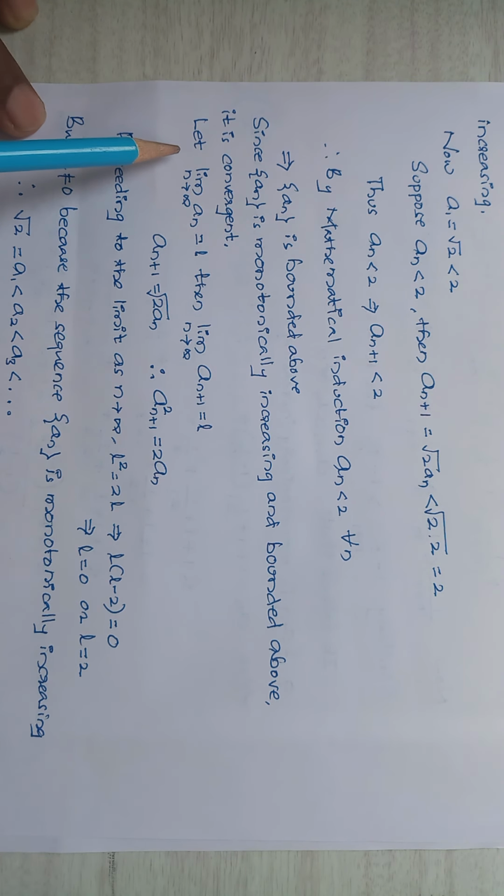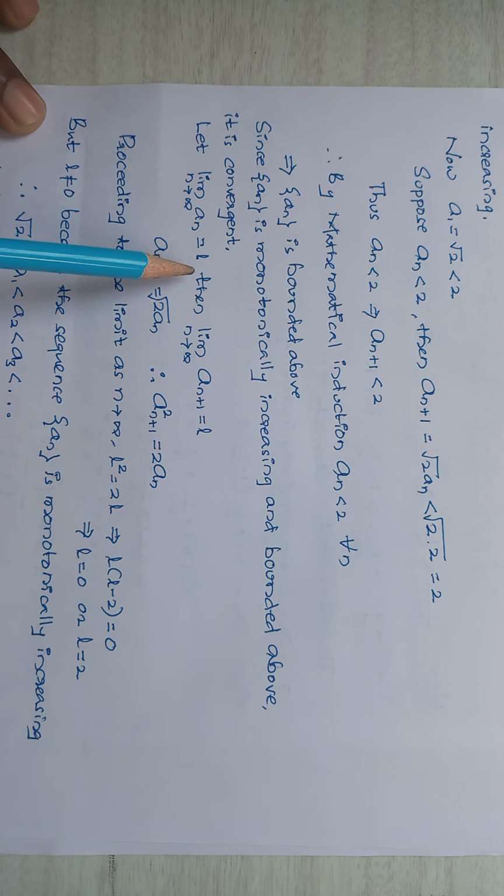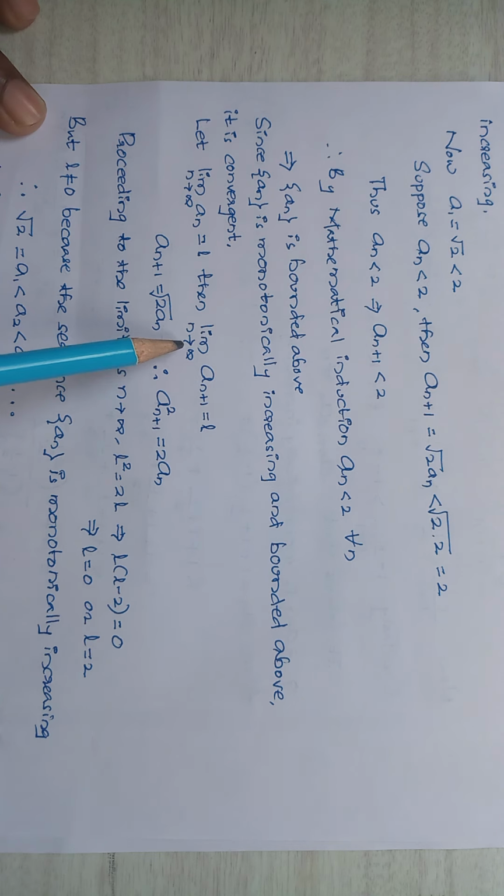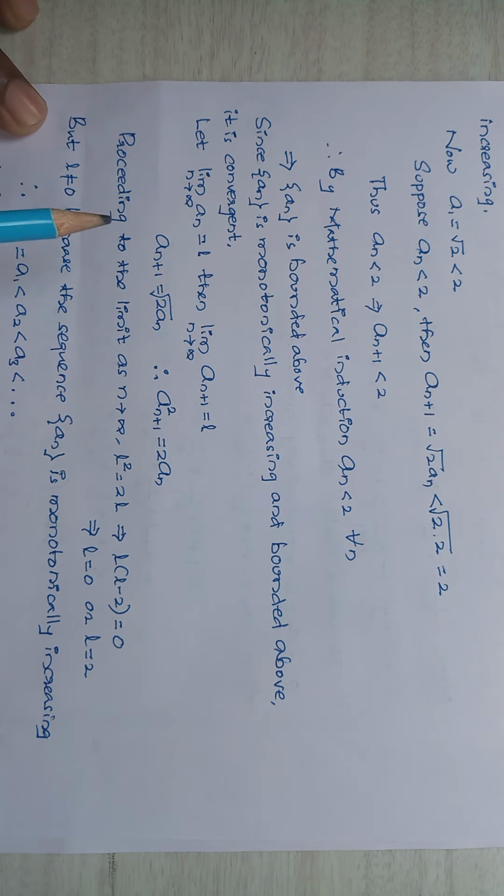So we have to find the point to which it converges. Here I am taking limit n tends to infinity an is equal to L, and limit n tends to infinity a of n plus 1 is also L. Okay, so a of n plus 1 is equal to root of 2an.